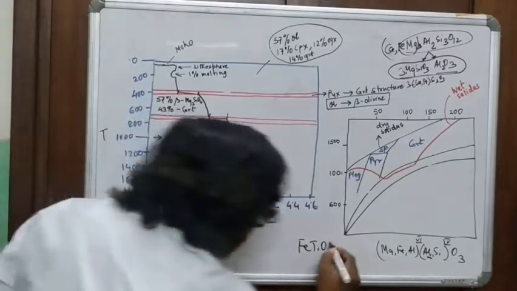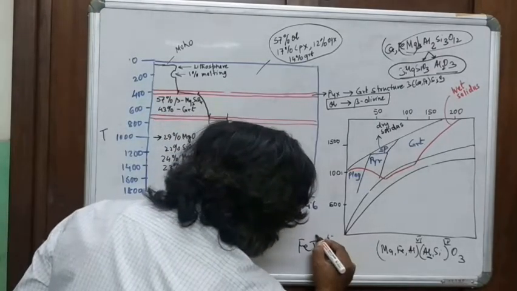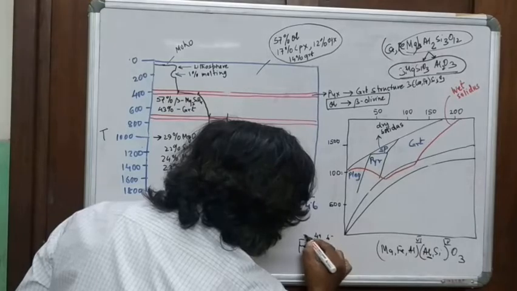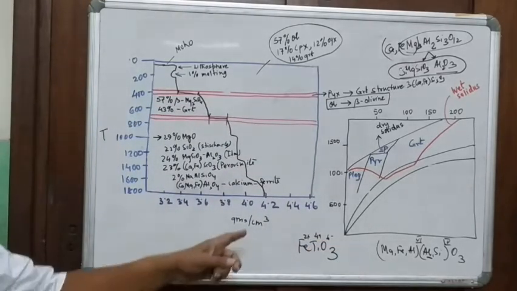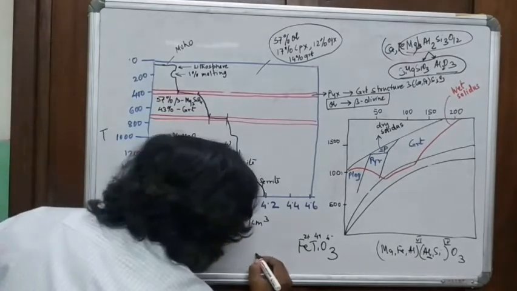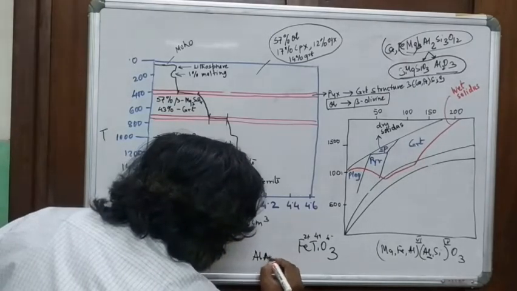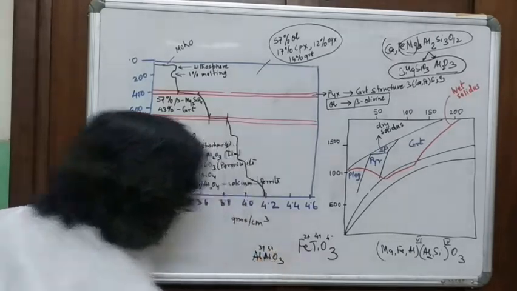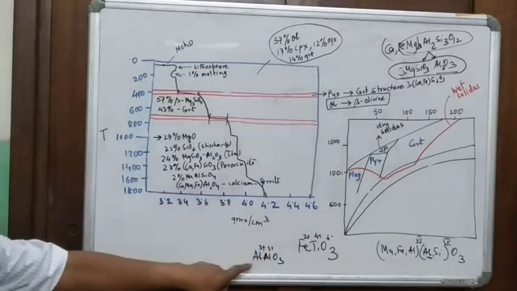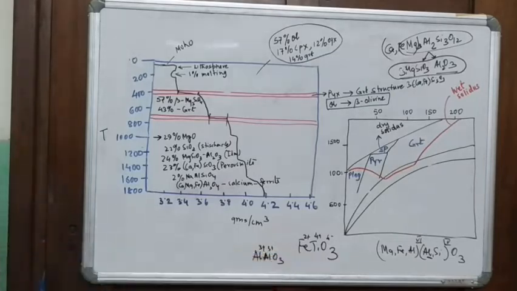This is 2 plus and this is 4 plus, so that's the classic ilmenite structure. But then you can have Al2O3, where this is 3 plus and this is 3 plus. That's the corundum molecule with an ilmenite structure.